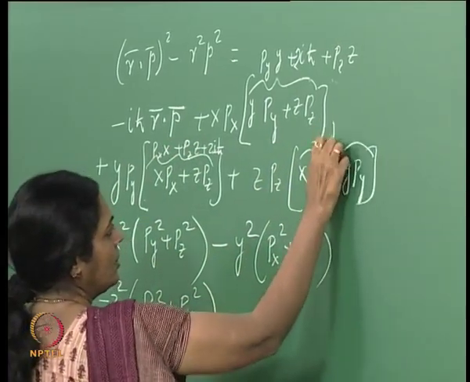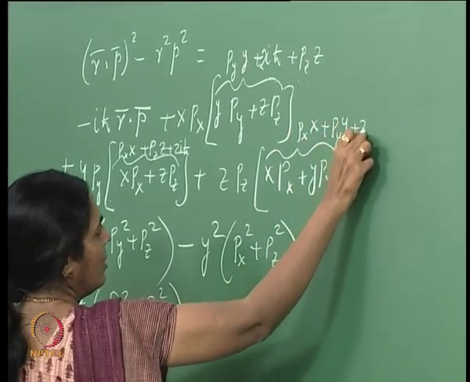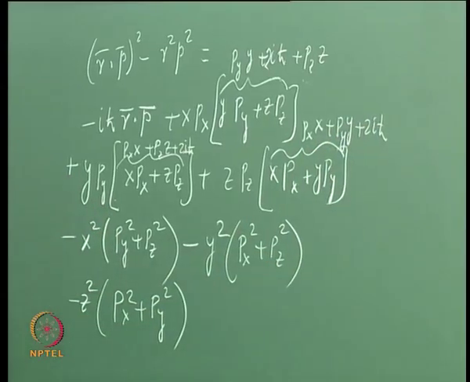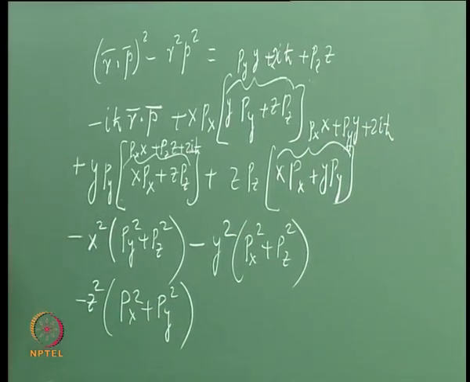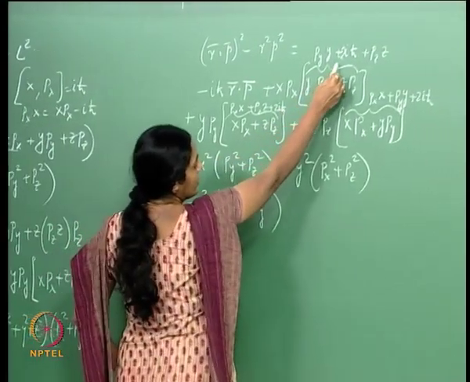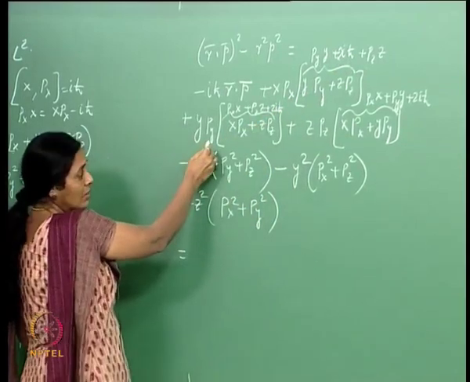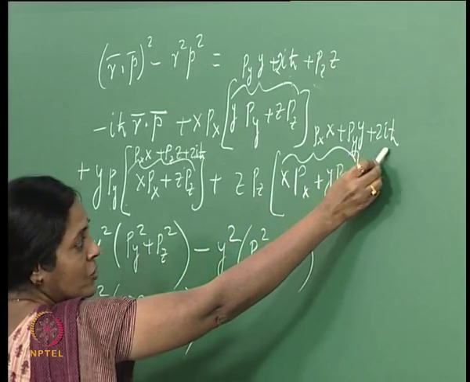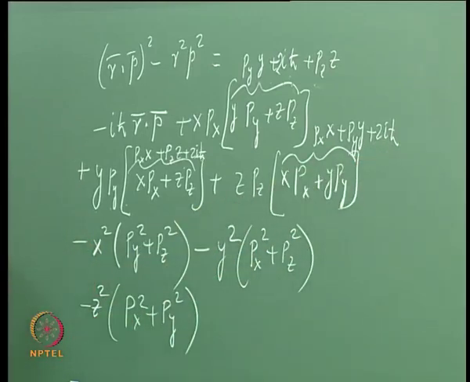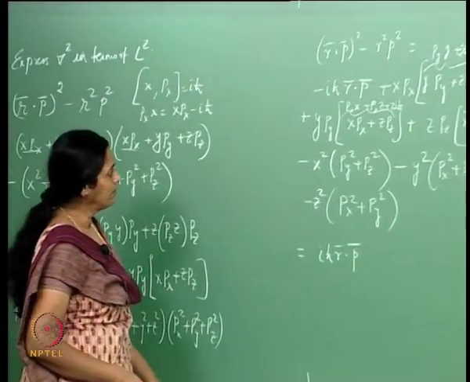Here too, p_x x plus p_y y plus 2 i h-bar, and therefore, this simplifies to the following. Look at this, 2 i h-bar x p_x plus 2 i h-bar y p_y plus 2 i h-bar z p_z, which is 2 i h-bar r dot p minus i h-bar r dot p. So, that just gives me i h-bar r dot p.